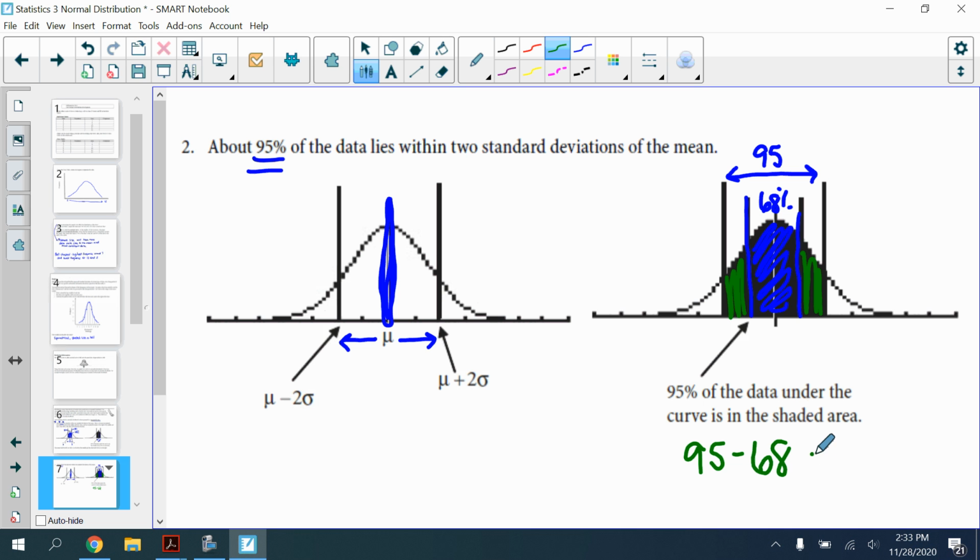So that's 27. So what the 27% is, these 2 green areas, because we know that this is 34 and this is 34.